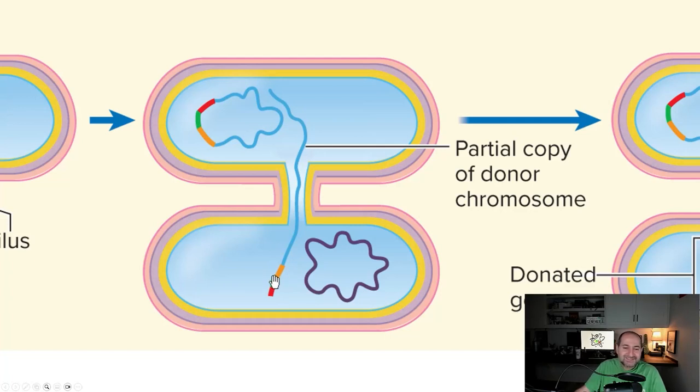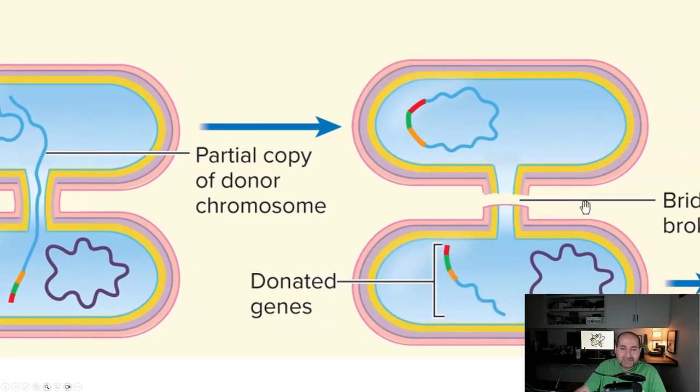In this case, it's not just a plasmid which is being shared with the recipient, but the F factor as well as genomic DNA, a partial copy of the donor chromosome. This cell down here is not just getting the information for making the sex pilus, but it is also obtaining genetic information, genes from the donor as well, which is really neat.